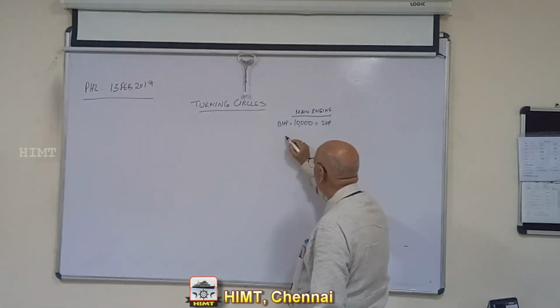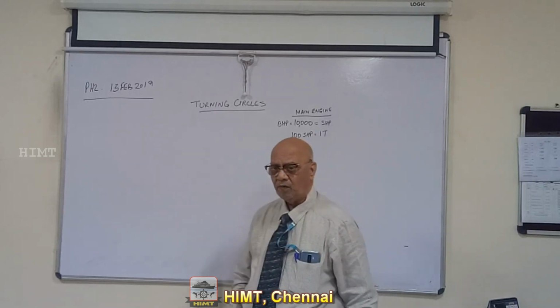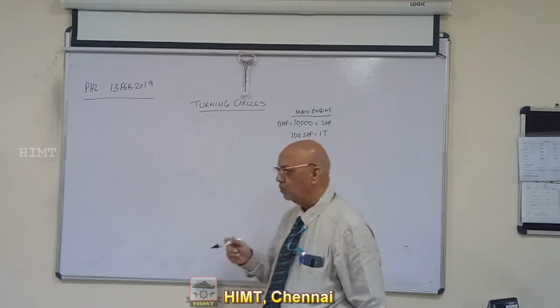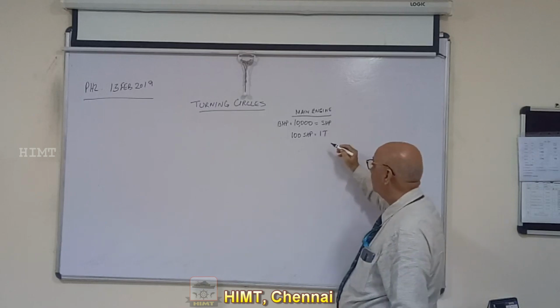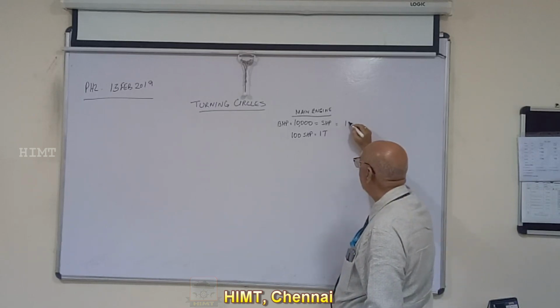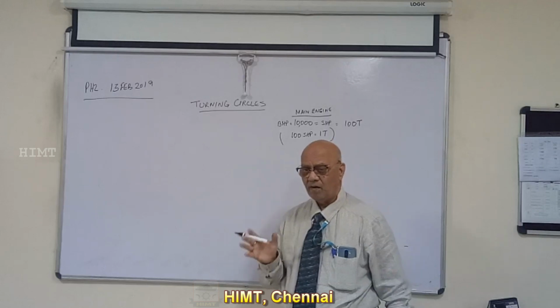For every 100 shaft horsepower, we generate 1 ton of force. So for 10,000, you will generate 100 tons of force.